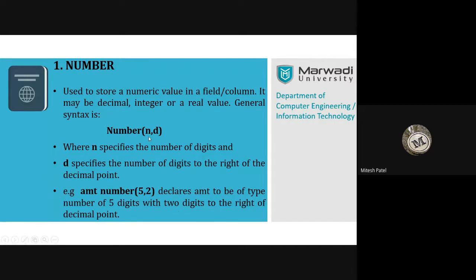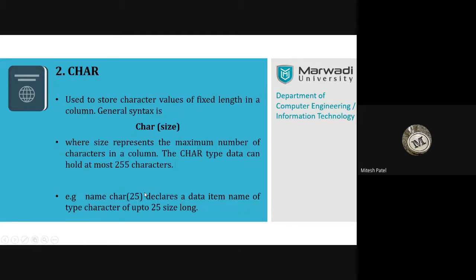Number(n,d): n specifies the number of digits and d specifies the digits after the decimal point. Here is one example. Amount number(5,2) means in the amount column we can store numbers with only 5 digits, and after the decimal point, 2 digits.